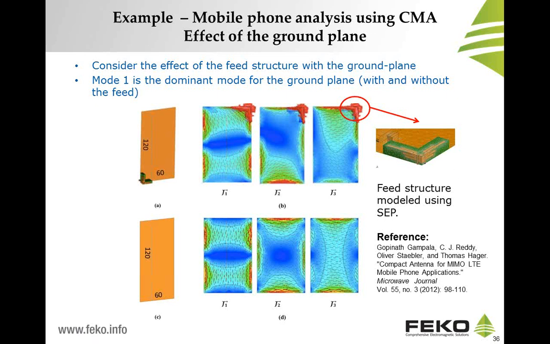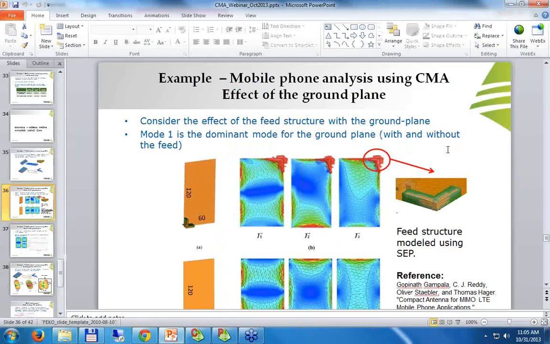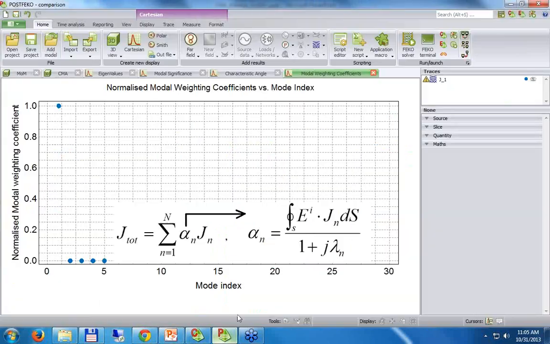The other question that we had is, how can we combine 2 or more modes to get a hybrid pattern, and how to apply excitation to get this combination? And this can easily be done in our post-processing toolkit, in that we offer a scripting environment called Lua.